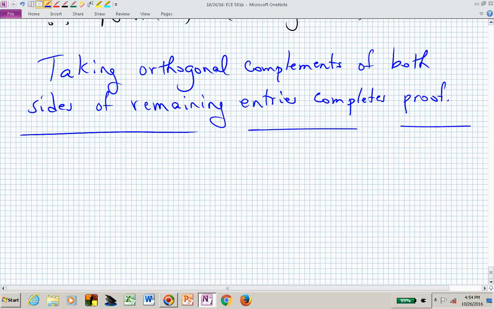Now, let's look at what happens when we start looking at matrix representations of these linear maps and the adjoints.